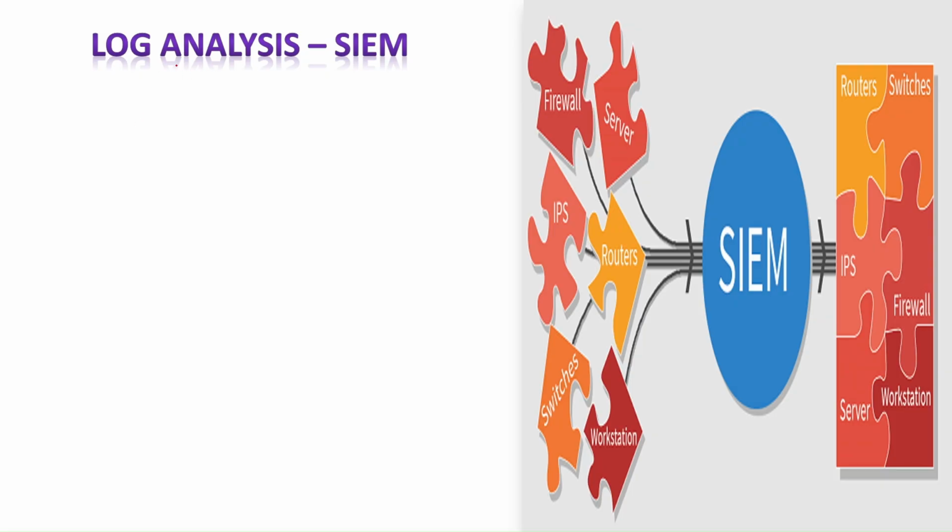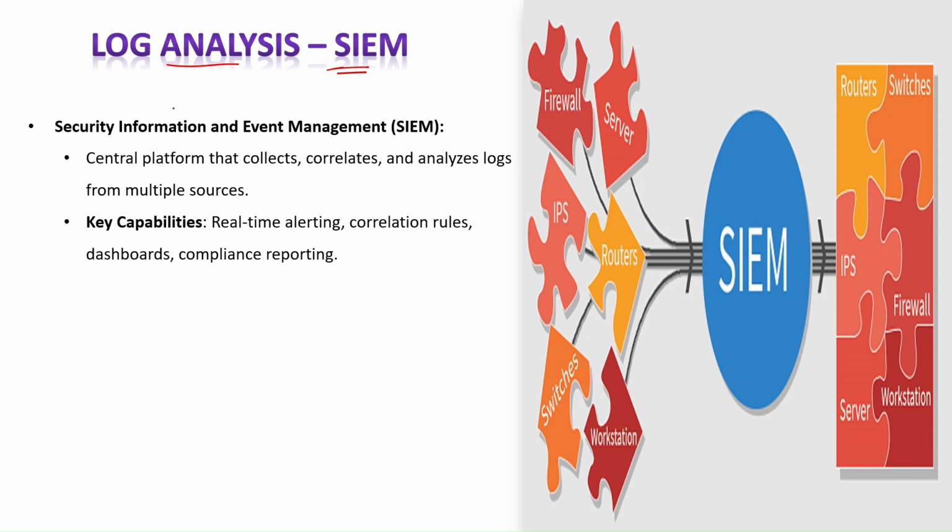So now coming over to our next topic, that is log analysis through SIEM, that is Security Information and Event Management. SIEM is a central platform that collects, correlates and analyzes logs from multiple sources.